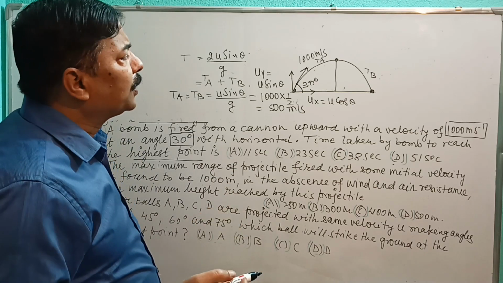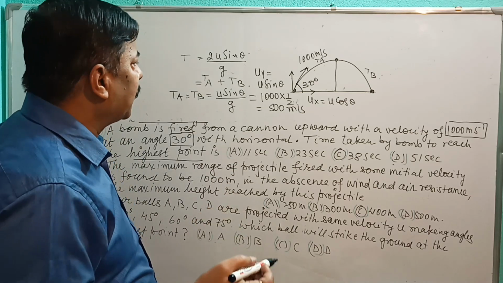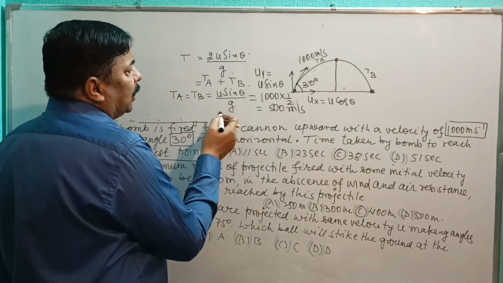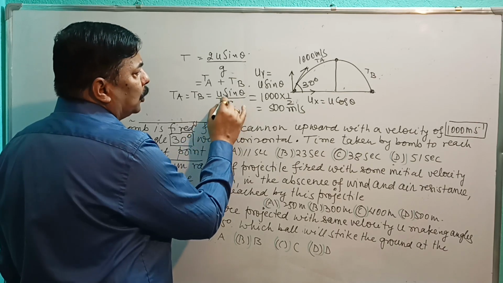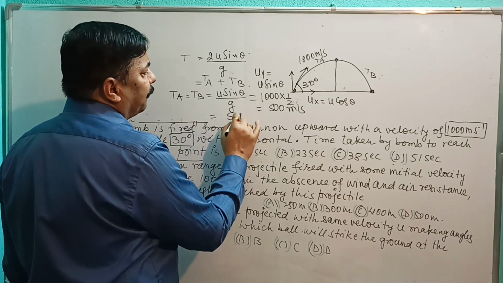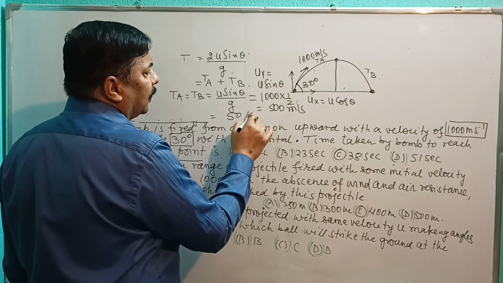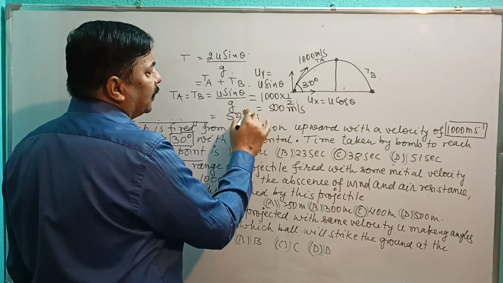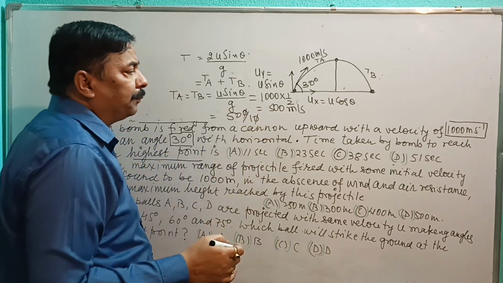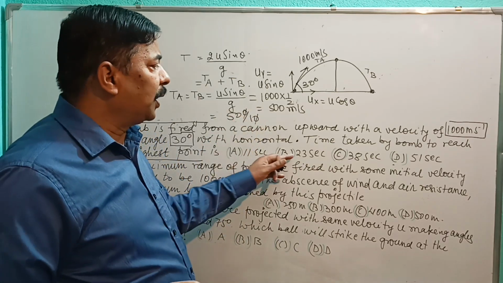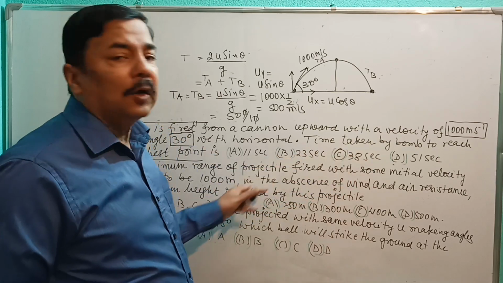Nothing is given in the question, so we can take g as 10. U sin theta we have already calculated, 500 by 10. So 500 by 10, that is 50 is the answer. But in the choices, you are getting that 50 is not present.